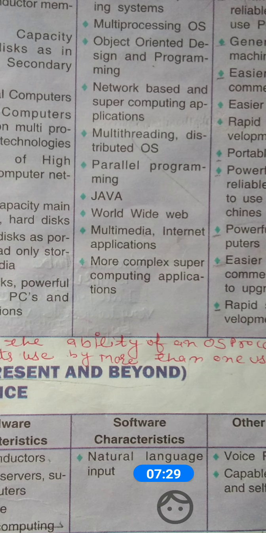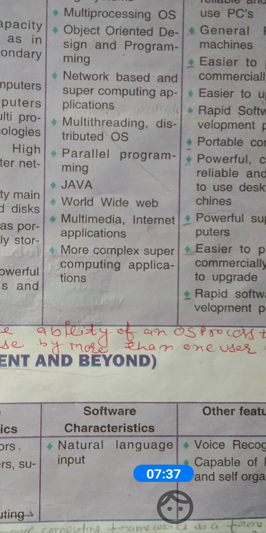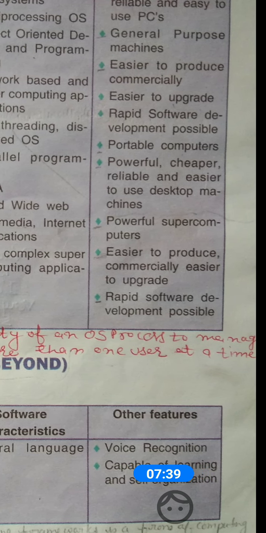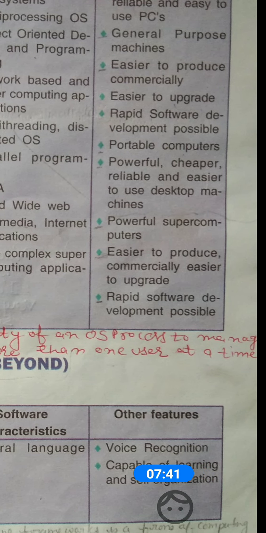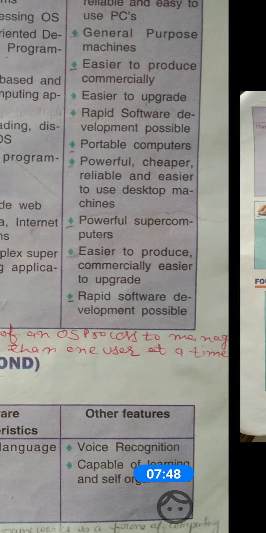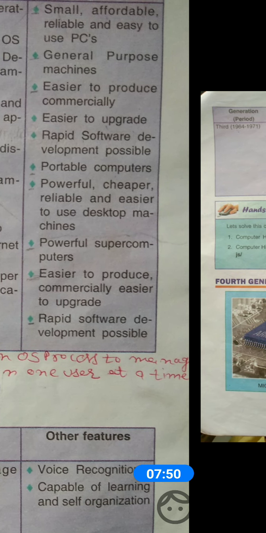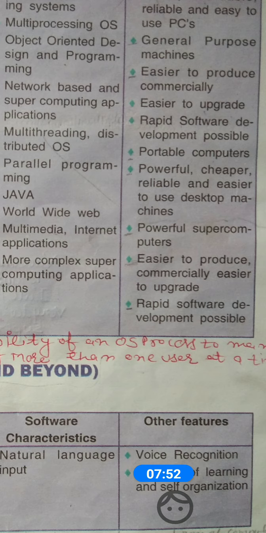In the fifth generation it is also possible that we give input through natural languages, our own language, even English, even Hindi, even any other dialect. Then voice recognition. Now in these days, our computer and our smartphone recognize our own voice. Then capable of learning and self organization.